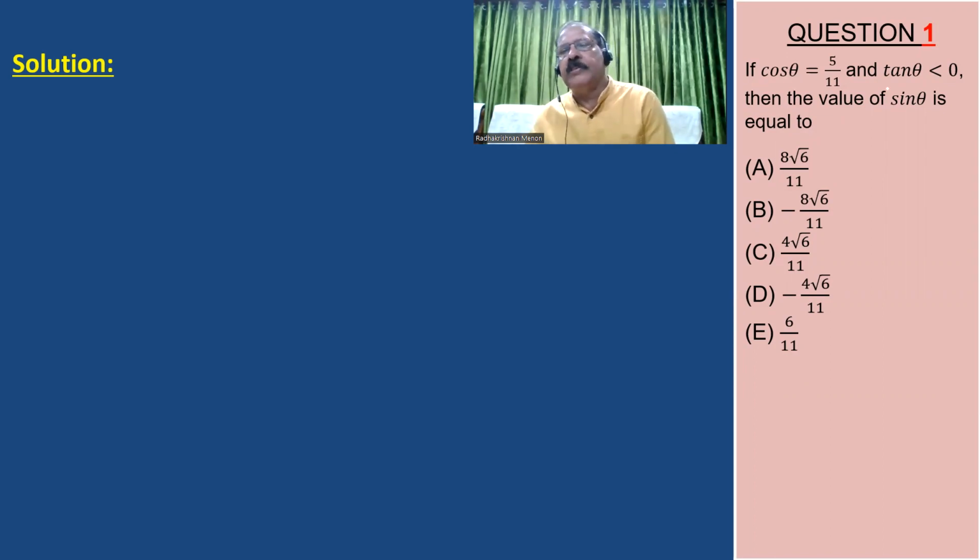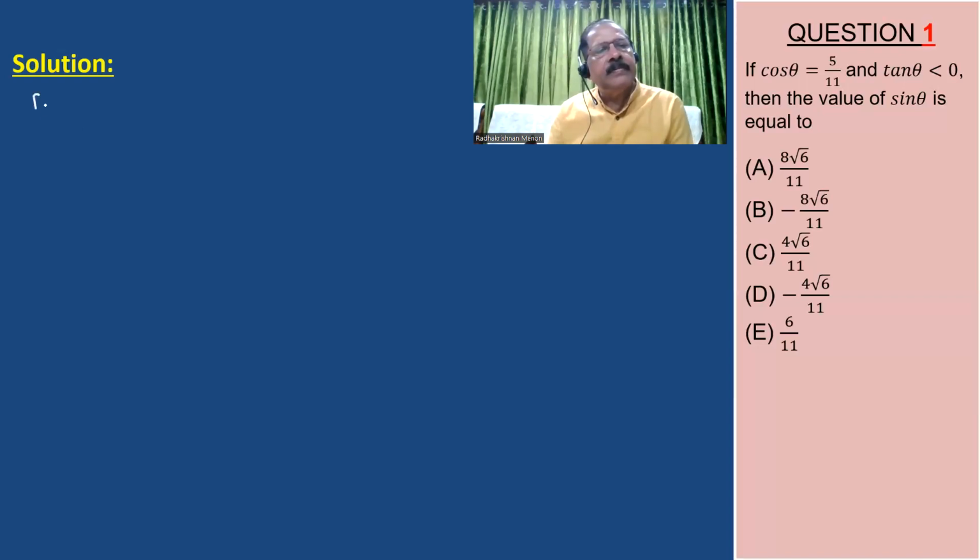Cos theta is positive and tan theta is negative. So to find sin theta from cos theta, you know sin theta equal to square root of 1 minus cos squared theta. But whether that sin theta is positive or negative, we have to find out from the given condition.